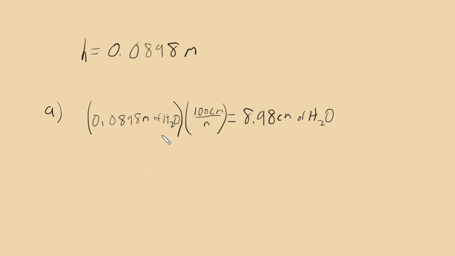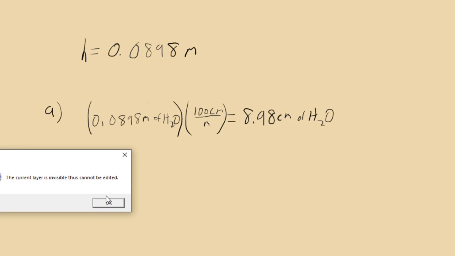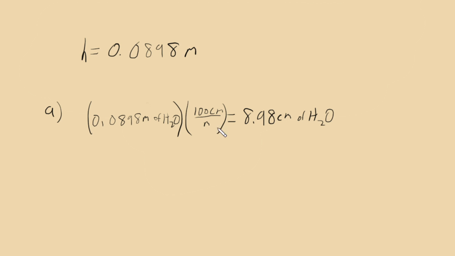This is our change in height of meters of water. And we're saying that there's 100 centimeters in 1 meter, and of course that just comes out to be 8.98 centimeters of H2O.